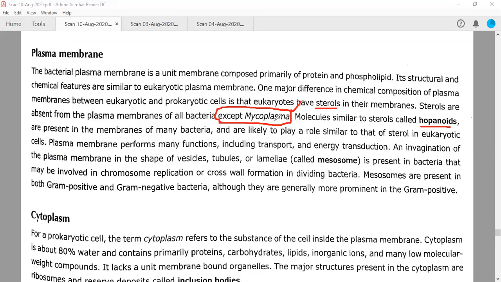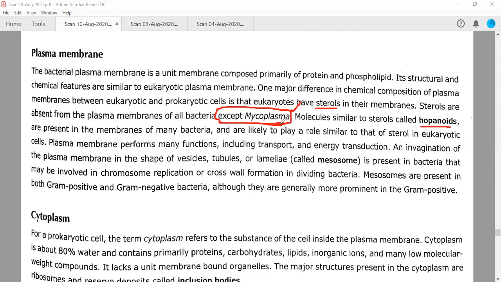Now came this specific class of bacteria, the smallest known bacteria actually, mycoplasma. Mycoplasma evolved in such a way that they do not have a cell wall.